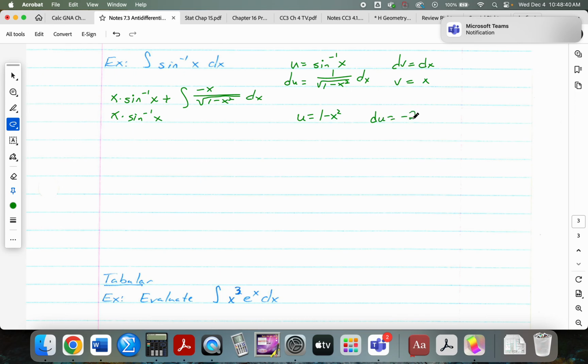du would be negative 2x dx. You're like, great, I have a negative x dx, so I'm just going to make 1/2 du equal to negative x dx. So this will be plus 1/2 of the integral of u to the negative 1/2 du.